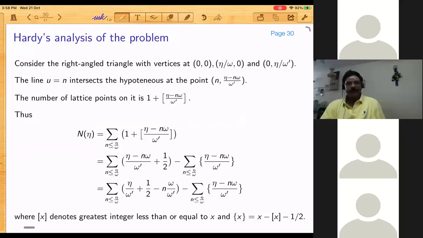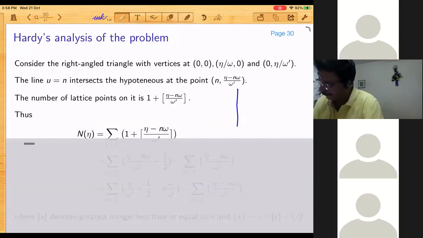So that's what I have. Let's say this is n over omega, this is n over omega prime, and this is 0, 0. Now take any u equal to n. This is the line u is equal to n.